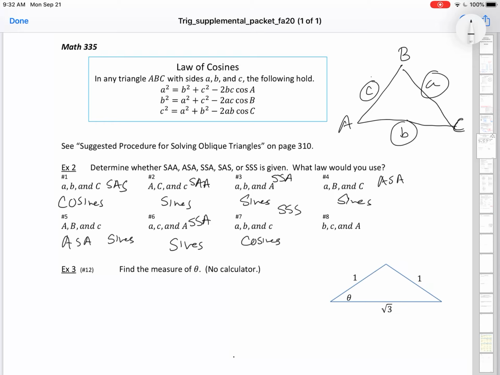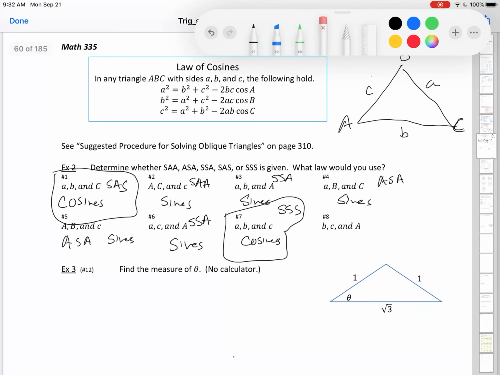So you can see that cosines would include the given angle and side, side, side. Every time you're given a side, you'll be able to figure it out uniquely. It's just you need a side. So if you only had angles, it would just be a similar triangle. And then the last one, if we look at what's given for that one, what we're given is side b.